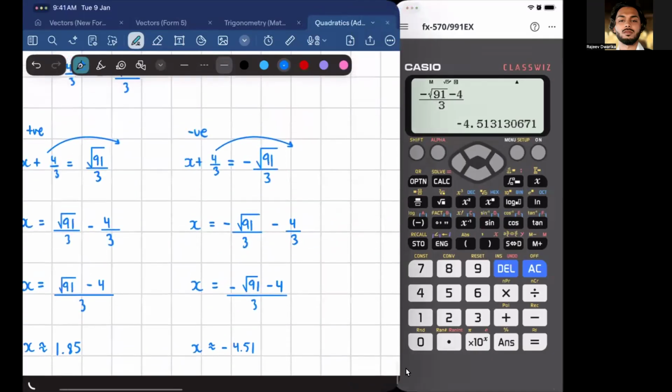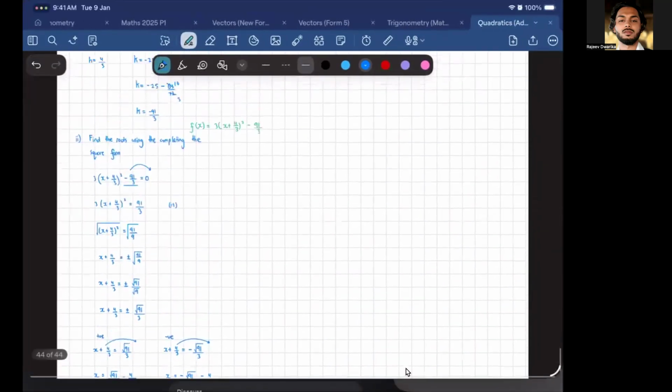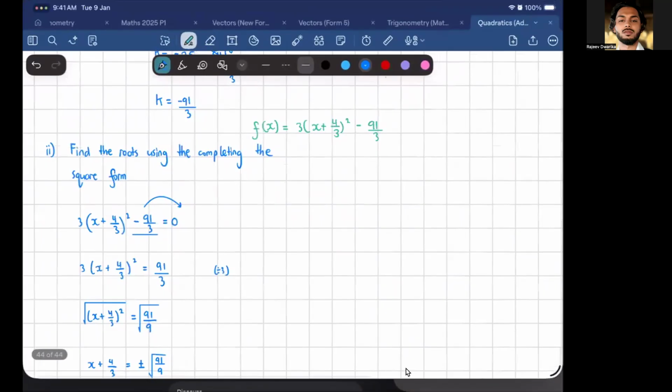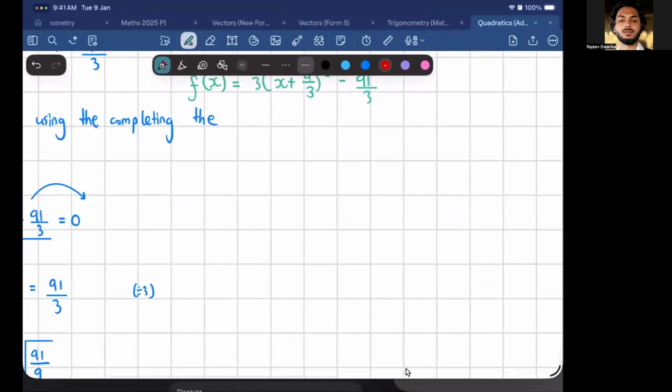All right. Let me add some more questions into this. In general, if you get a question where they're asking you to find your roots using the completing the square form, they're going to put f of x equal to 0. They're going to move across the constant, then divide throughout by a.